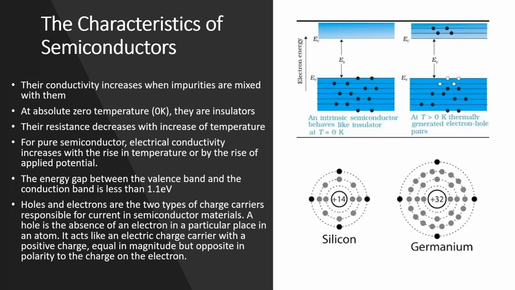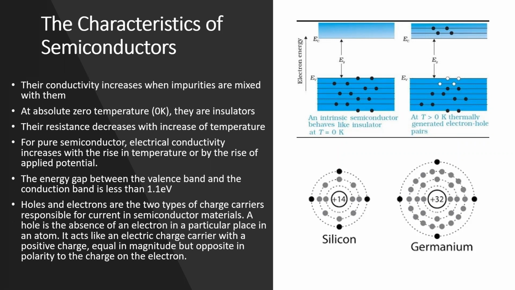So if an electron here gets a kinetic energy due to the applied temperature greater than 0.7 electron volt, it can jump and get into the conduction band. So the electrons are now available in the conduction band and therefore they can conduct electricity. So this is what will happen when we increase the temperature.